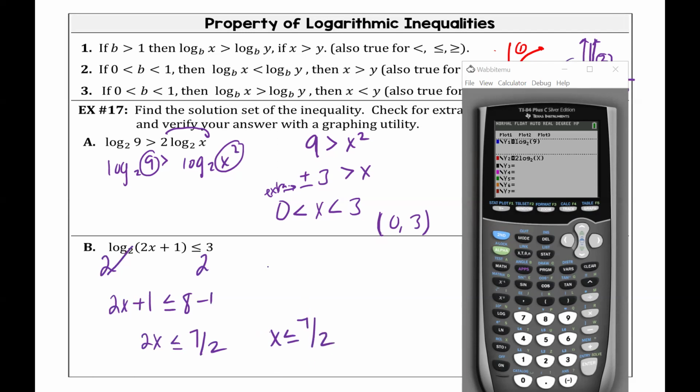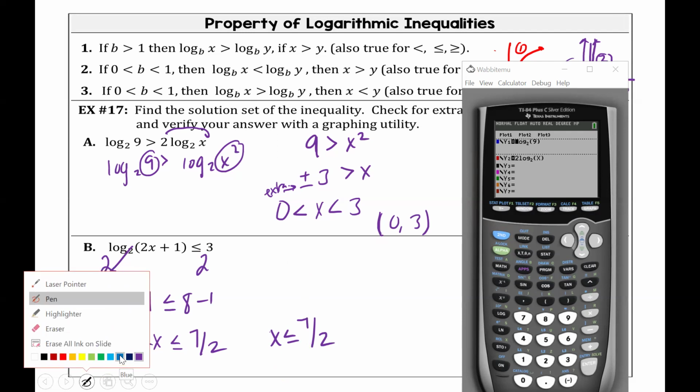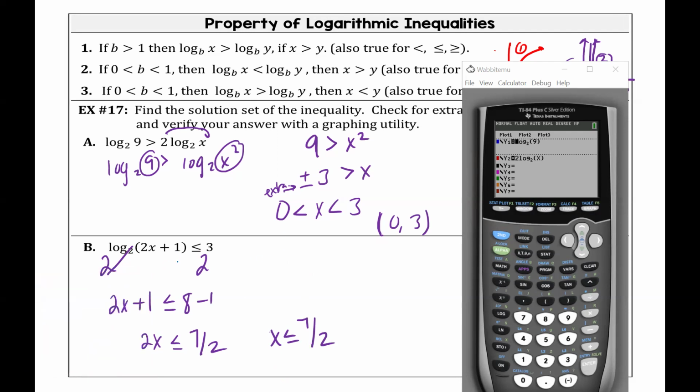We also have to remember that there is an asymptote. Because of that asymptote, we have to remember that all of our arguments have to be greater than 0. So whatever the argument is itself has to be greater than 0. So 2x plus 1 has to be greater than 0.